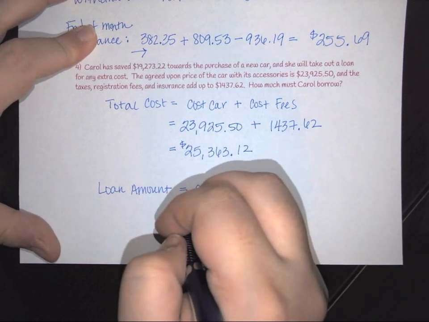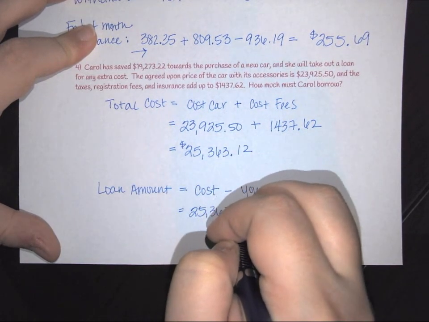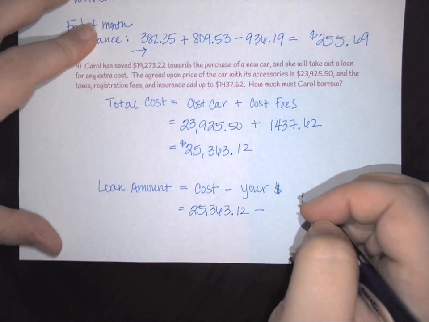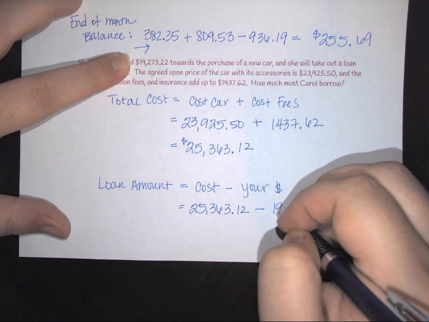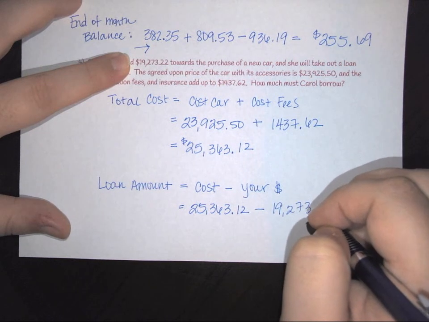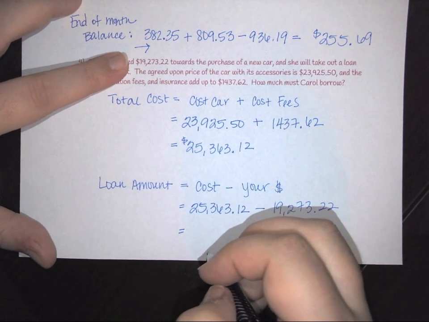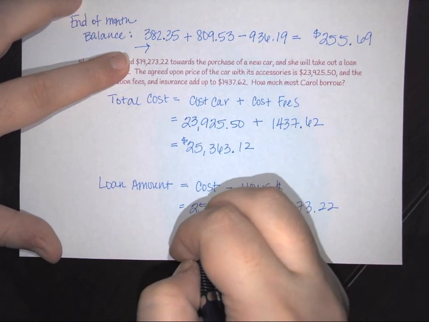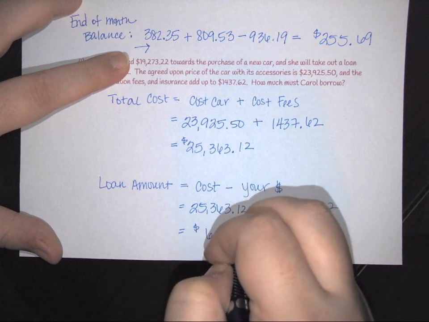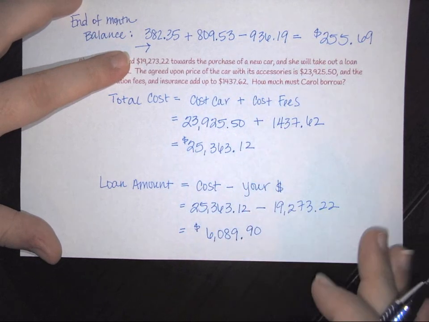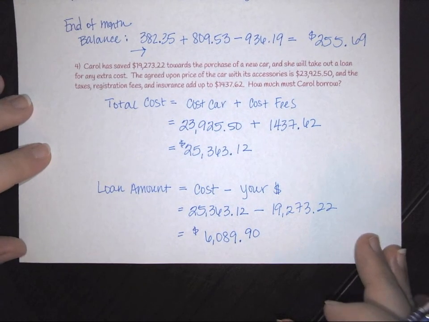So here, that means we're going to do the $25,363.12, and we're going to subtract away the fact that Carol saved $19,273.22. And that is going to tell me how much you have to pull out a loan for. And in this case, our loan is going to be $6,089.90. So that is what's left in order for Carol to buy a car.